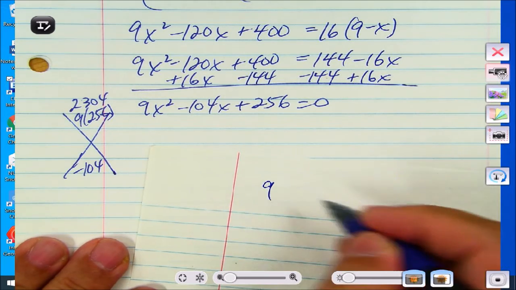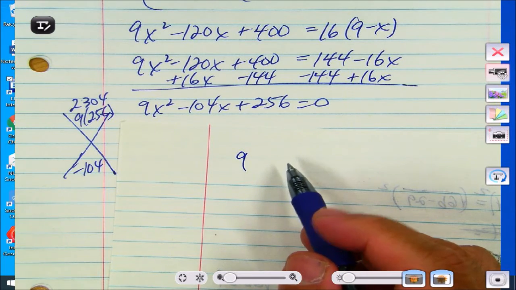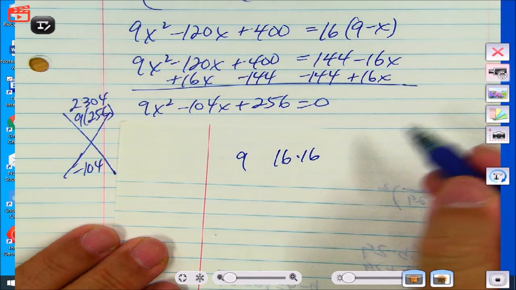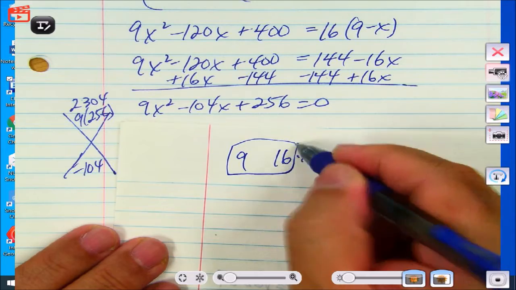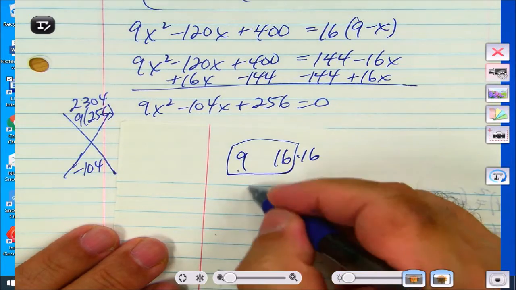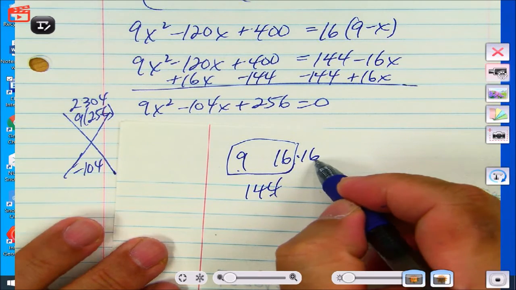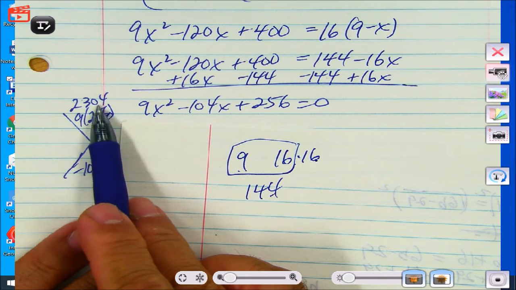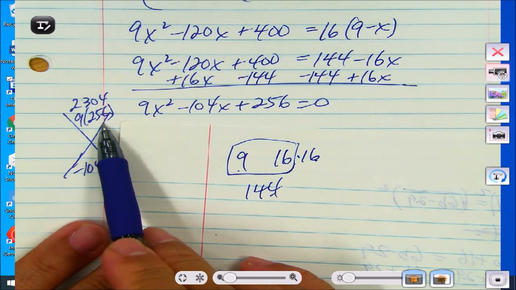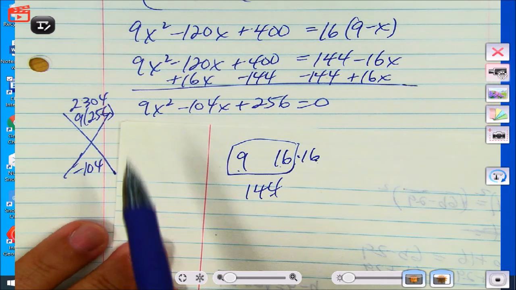So I want to take the 9, and I know some numbers that multiply to make 256. Like 16 times 16 is 256. And I'm going to group these two together. Just watch for a minute. Don't copy this. 9 times 16 is 144. 144 times 16 gives me 2,304, because 9 times 256 gives me 2,304 and 16 times 16 gives me 256.